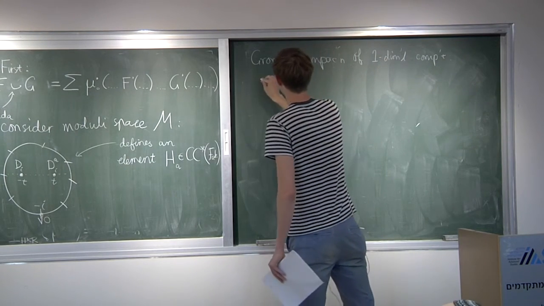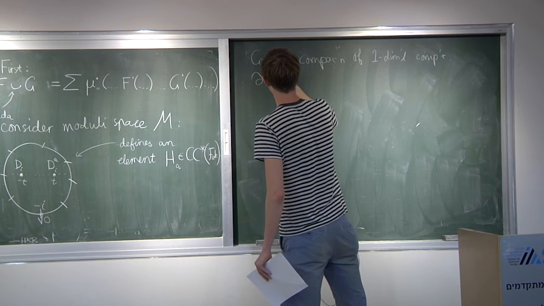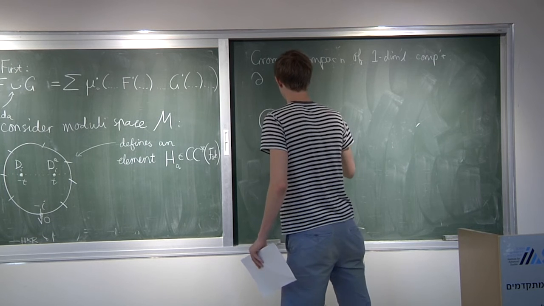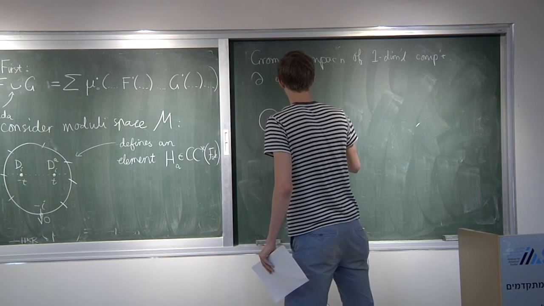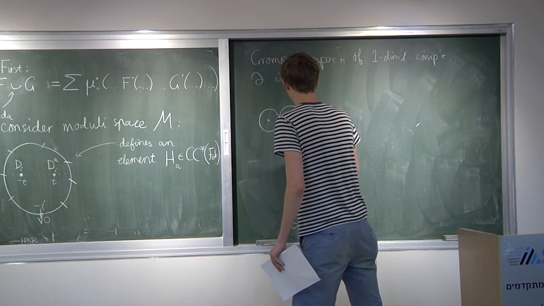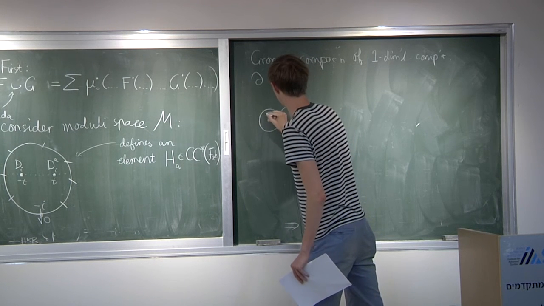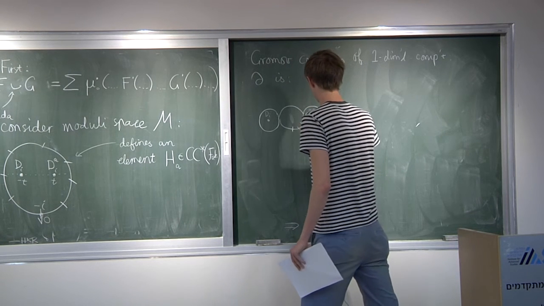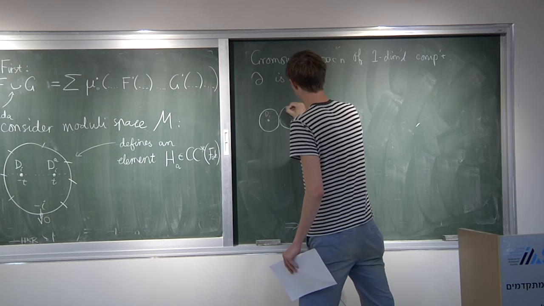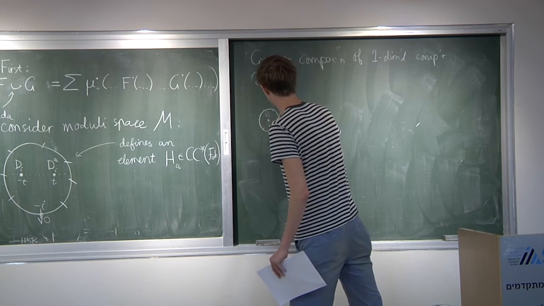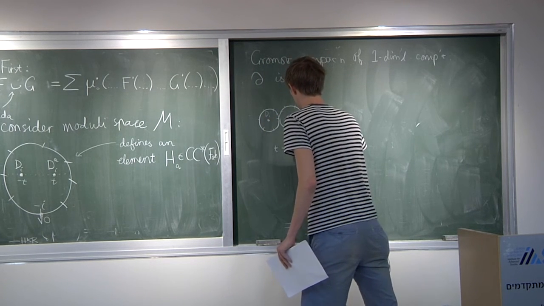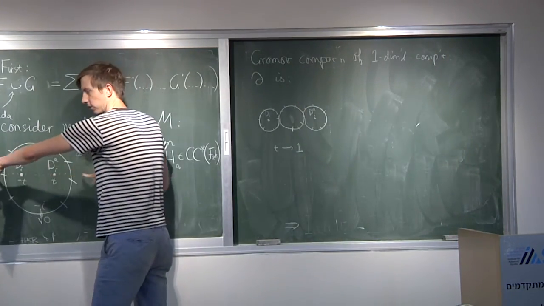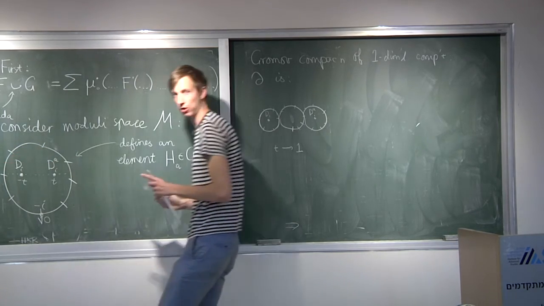It has boundary given by boundary components where t goes to 1. These two points stretch all the way apart and bubble off each a disk of their own.